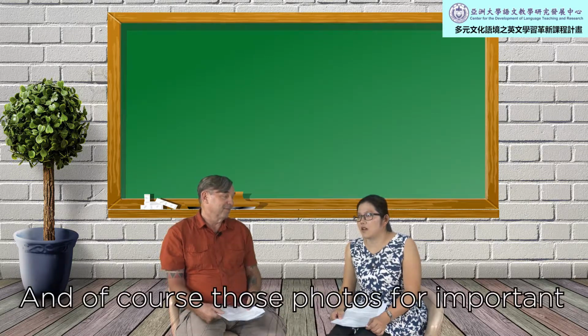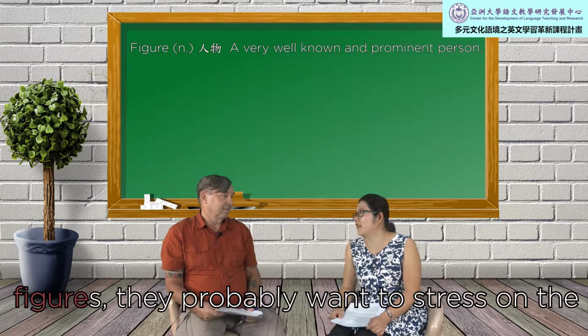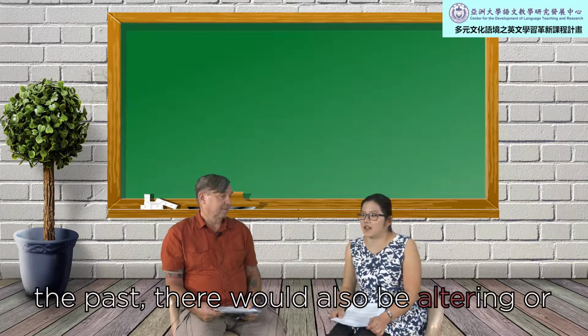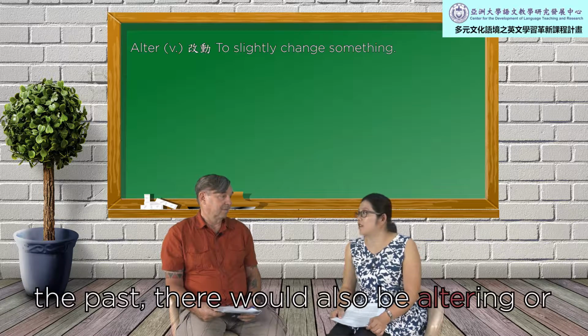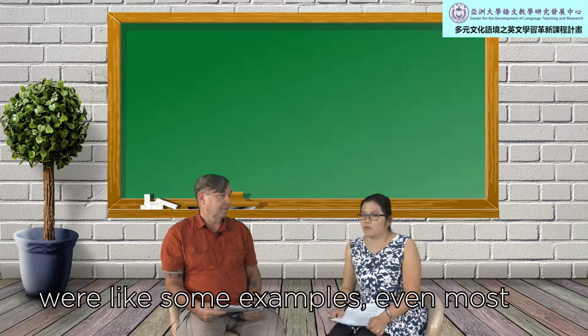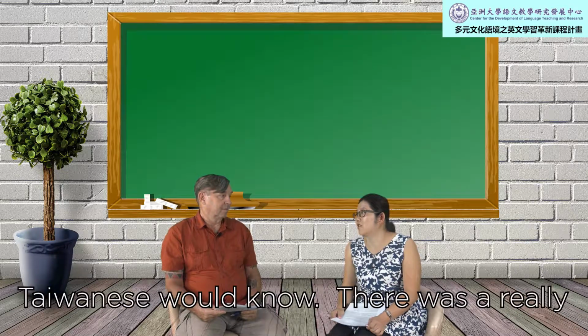And of course, those photos for important figures, they probably want to stress on the person, himself or herself. And of course, in the past, there were also alterings or airbrushing of all those photos. I think there were some examples, even most Taiwanese would know.